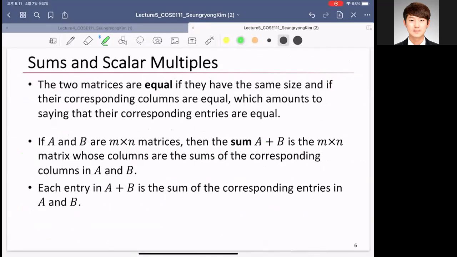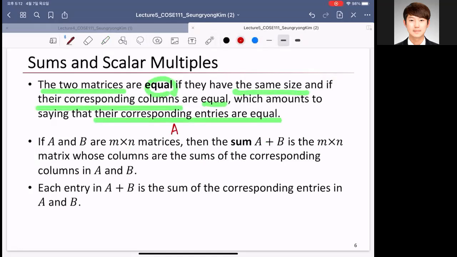One more thing is summation and multiplication in the matrix domain. Two matrices are equal if they have the same size and if their corresponding columns are equal, which amounts to saying that their corresponding entries are all equal. What does it mean?